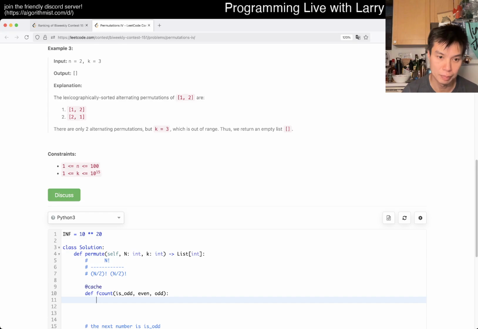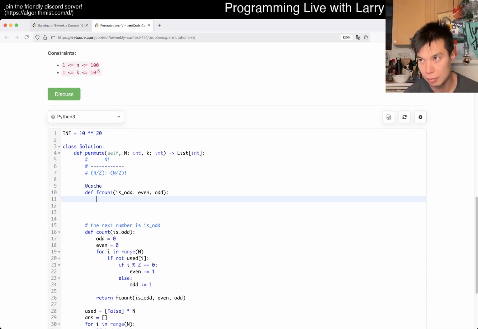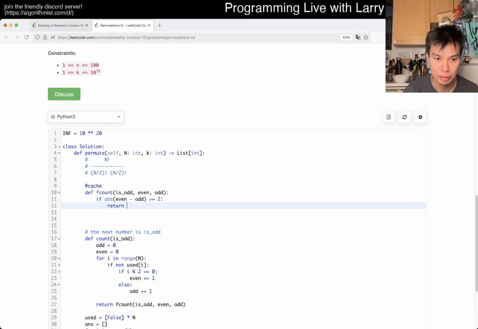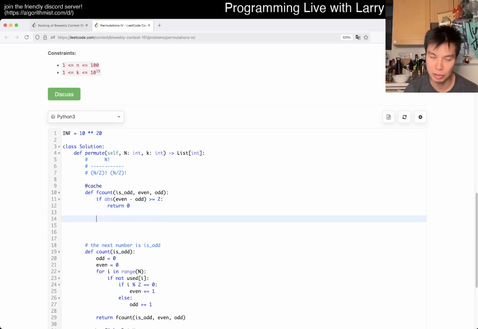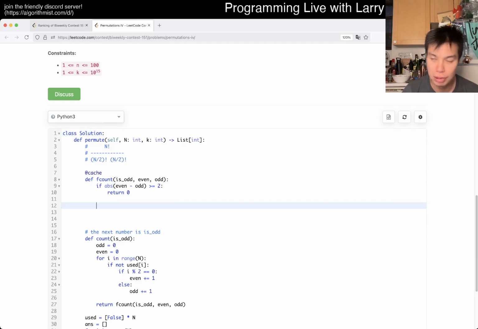Maybe not. I don't know. Okay. If now it should return 0 because there's no possibility, right? Okay, that makes more sense actually. And then the next number is going to be odd.